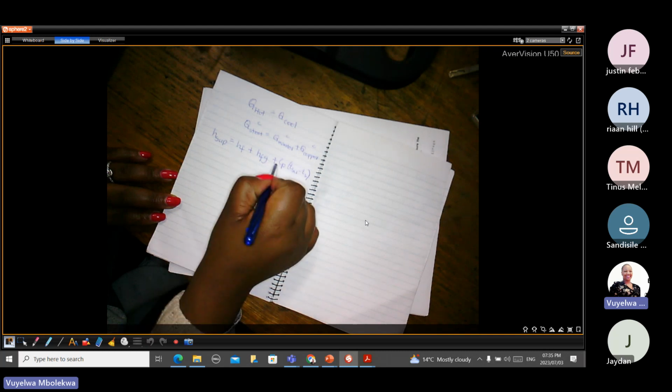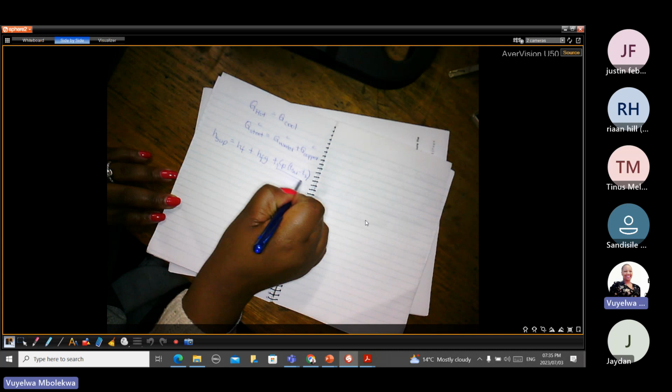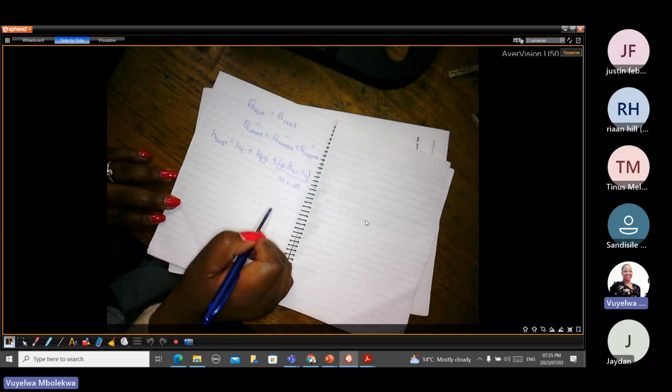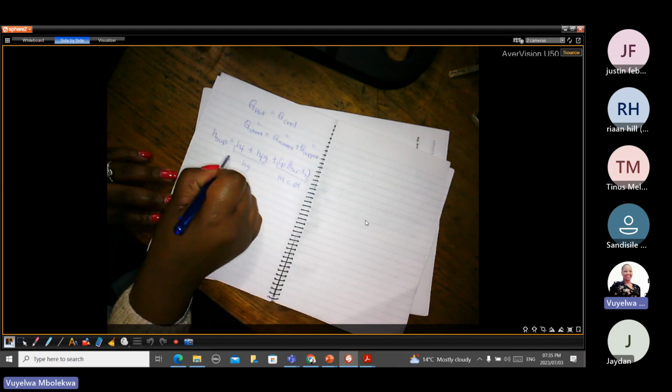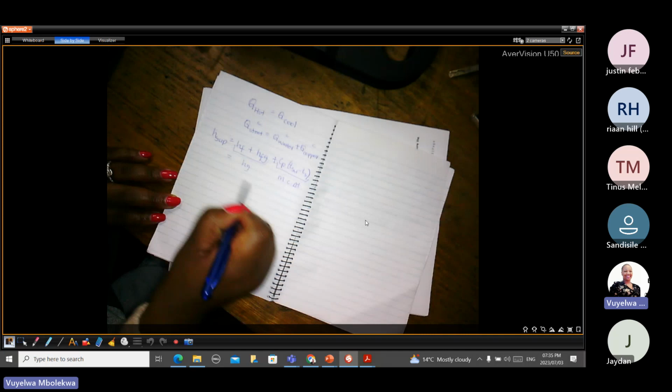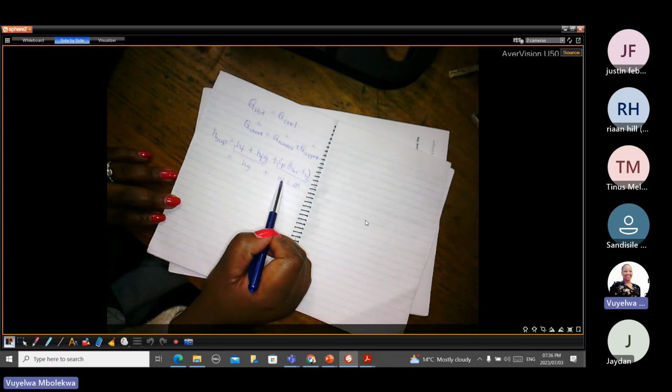This is the part that I'm saying is actually your mC delta T. So this part is your enthalpy of dry steam, your Hg, plus your mC delta T. But the m is omitted because the whole thing is for 1 kilogram.